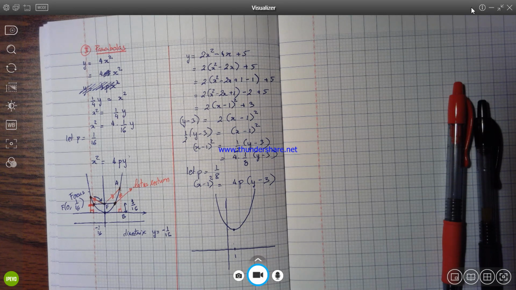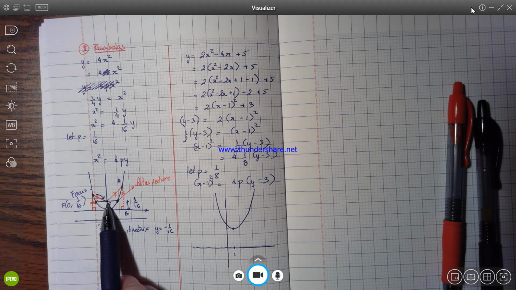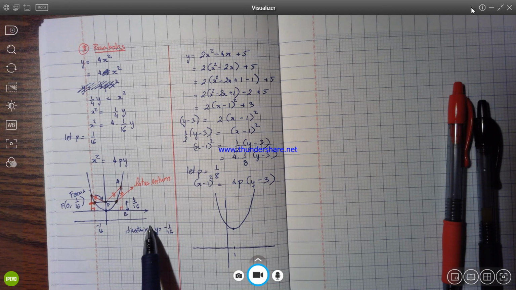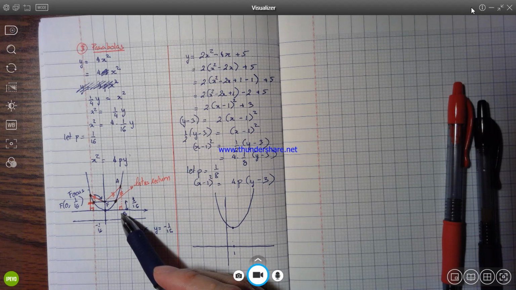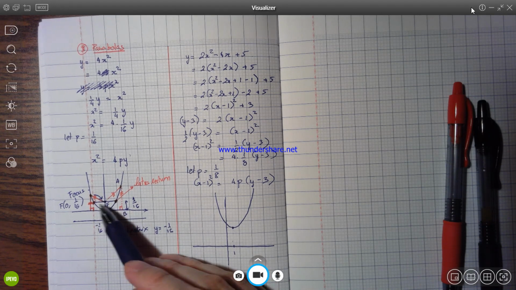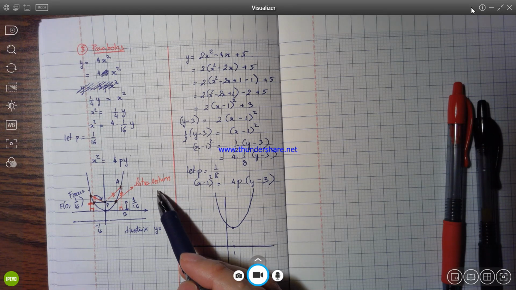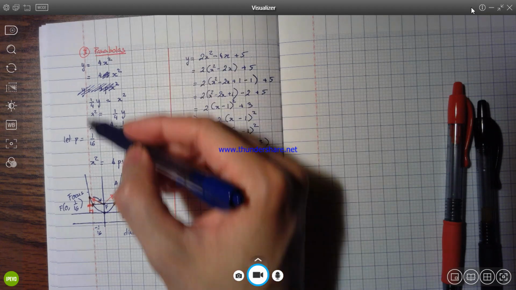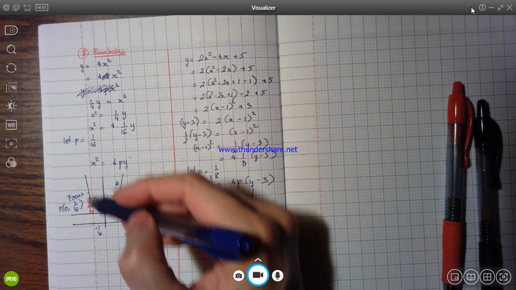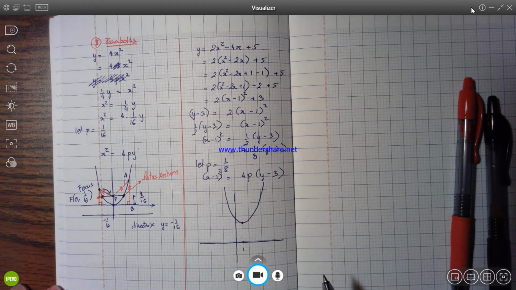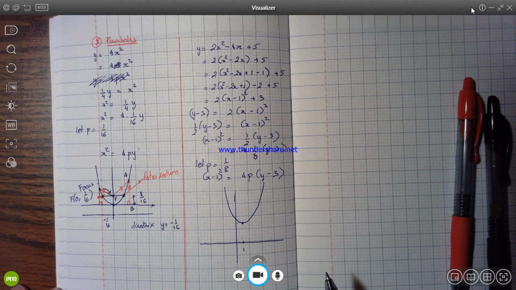So everybody remember: this point is the focus, this is called the directrix, the ratio between these 2 segments we call eccentricity, and these 2 points we call the latus rectum.